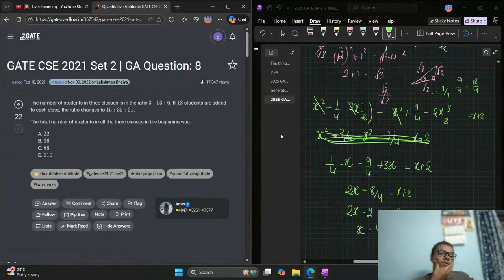The number of students in 3 classes are in a ratio of, okay, 18 students are added in each class, the ratio changes.